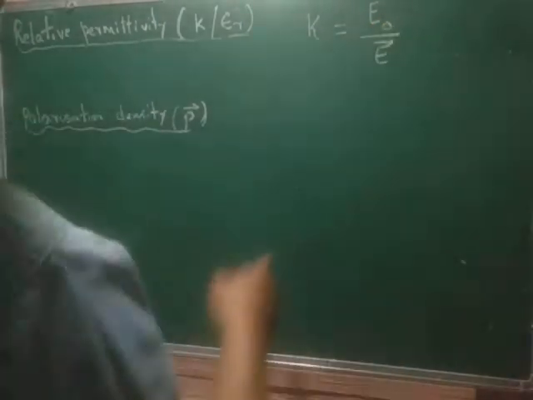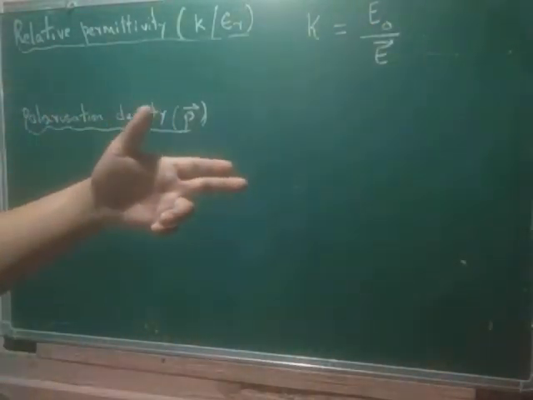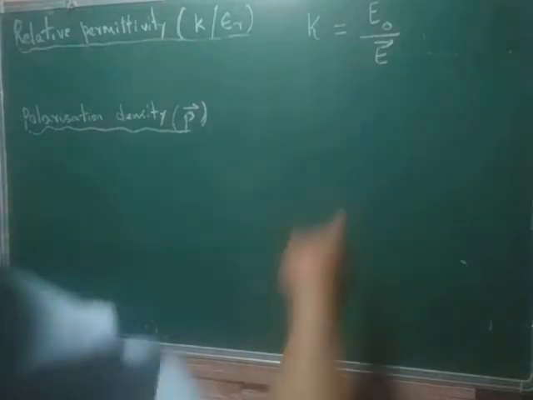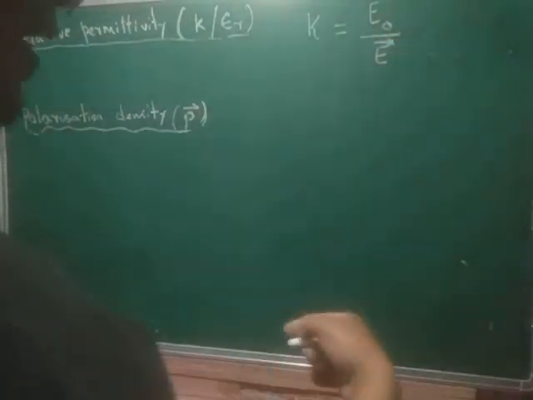Where E naught, if you remember, is the applied field across the dielectric, and E here is the net field inside the dielectric.